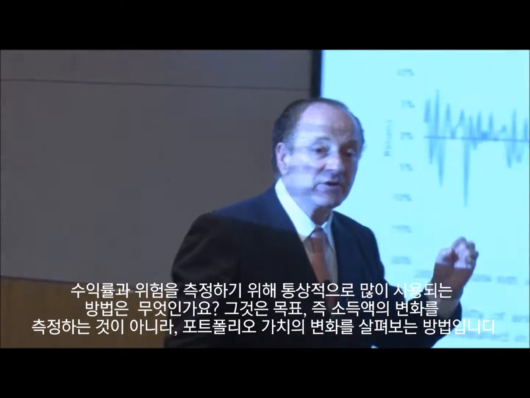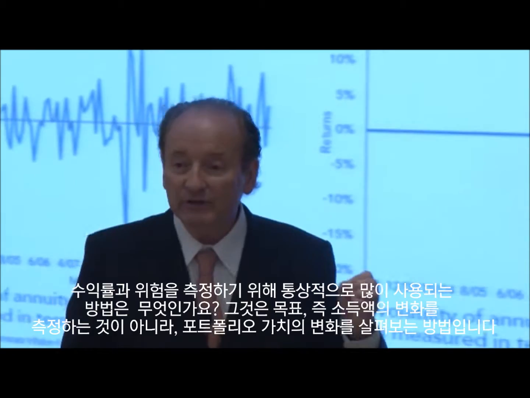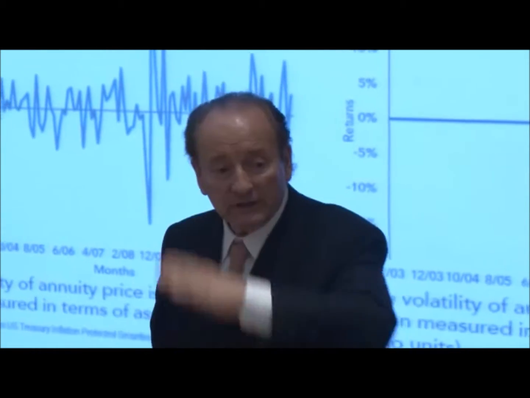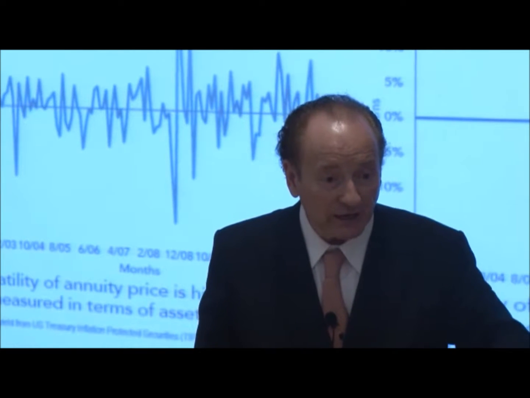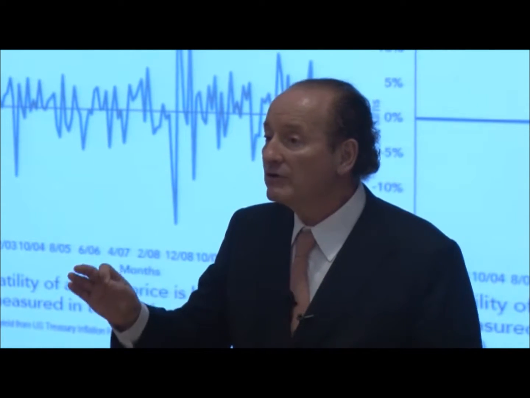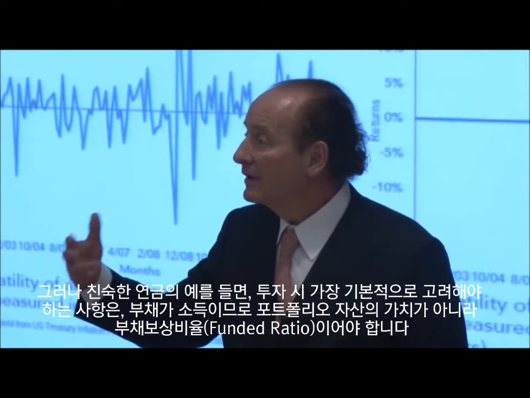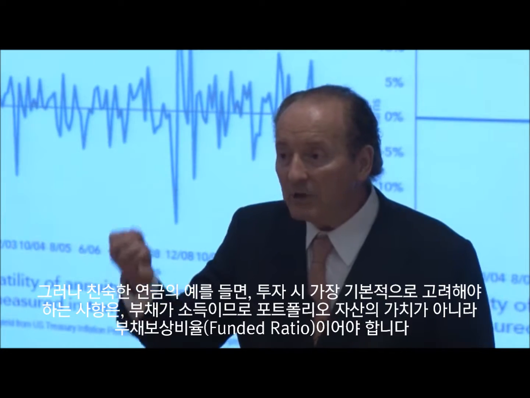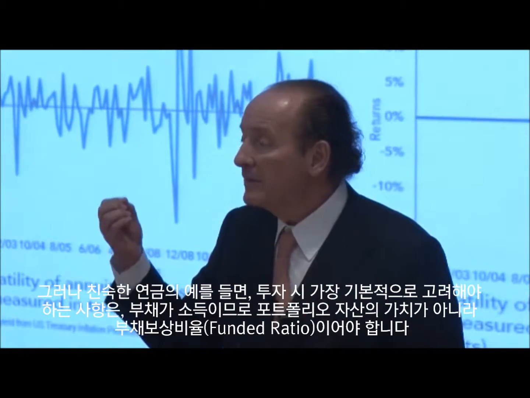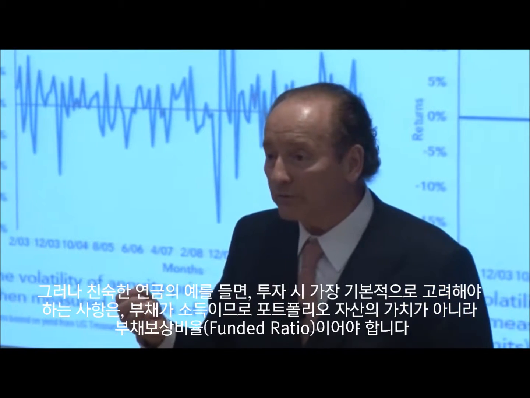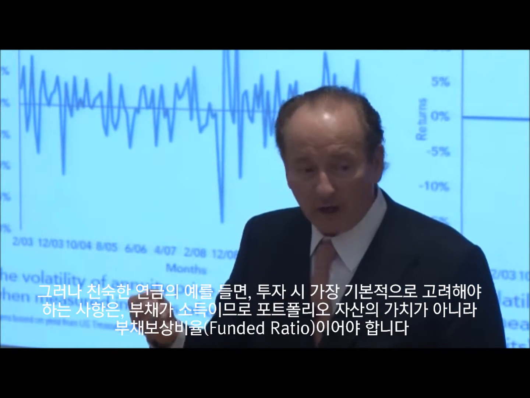What is the standard measure for risk and return that we see mostly used? It's a wealth goal. We look at the value of the portfolio's change, not the change in the amount of income. For those familiar with pension investing, because the liability is income, the relevant thing that they're concerned with is not the value of the assets of the portfolio, it's the funded ratio.